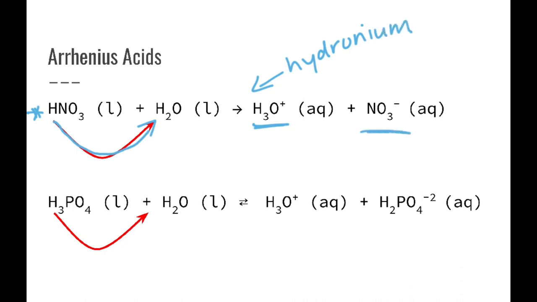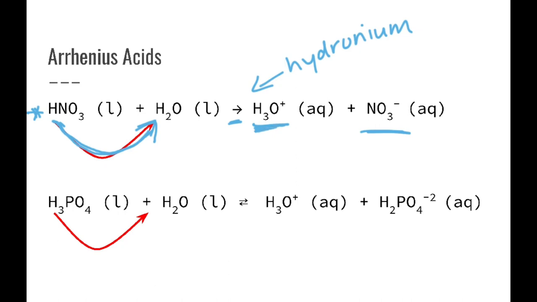And then we're left with a nitrate ion. Because it's a strong acid, I only use the single arrow. But again, we're taking a proton from our acid, giving it to the water to create that hydronium.